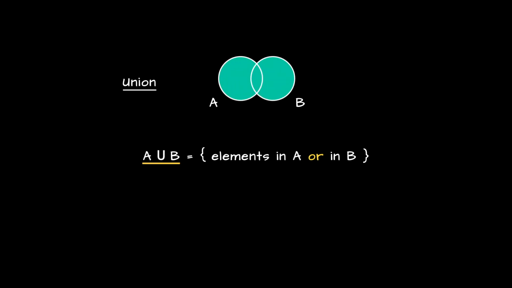It's denoted using the union symbol, which resembles the letter U, and it's defined, and it's important to be careful about the language here, to be the set of all elements that belong to A or that belong to the set B. In our Venn diagram here, this would consist of everything that's been shaded in green. Once again, we want to consider everything in A or everything in B. All the elements, in other words, in both sets taken together.